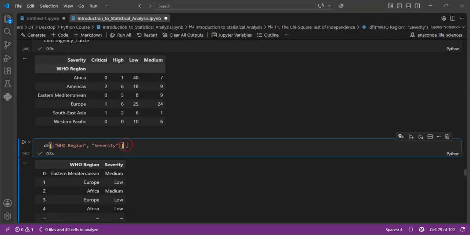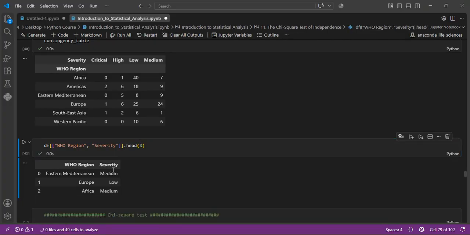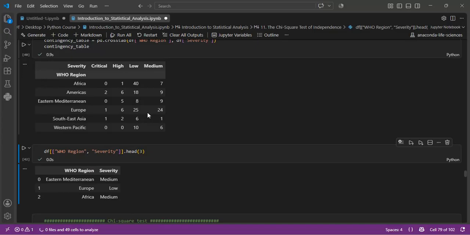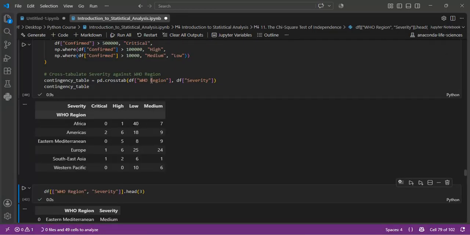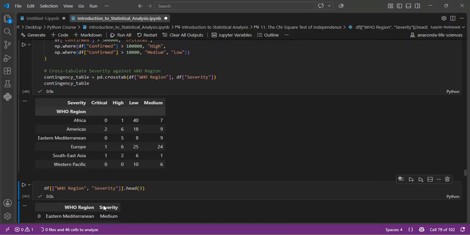Okay, so let me just use dot here to print the first file. So you see that what the pd.crosstab does is that out of the values under the severity column, it makes all the unique values into columns.